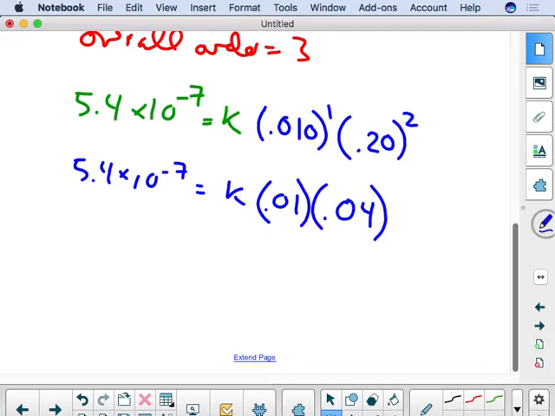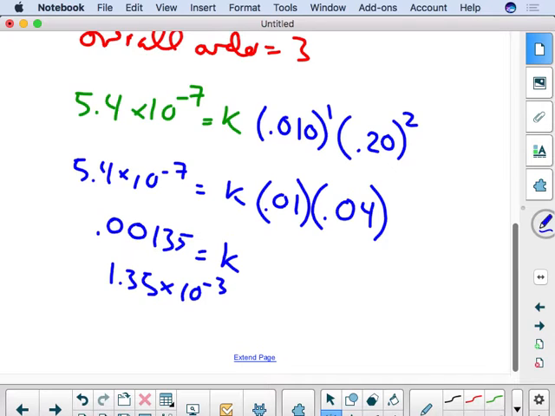Times 0.01, and then 5.4 times 10 to the minus 7 divided by all that. K equals 1.35 times 10 to the negative 3. I used 0.00135 or 1.35 times 10 to the minus 3. Do we agree it's one of those two, which are in fact the same thing?